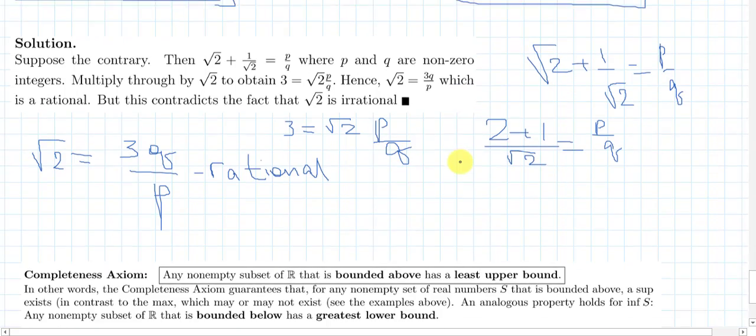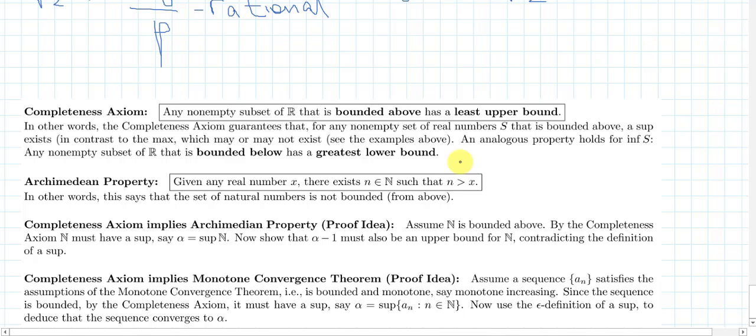Okay, now let's talk about the completeness of real numbers. So we have the completeness axiom. Any non-empty subset of R that is bounded above has a least upper bound.